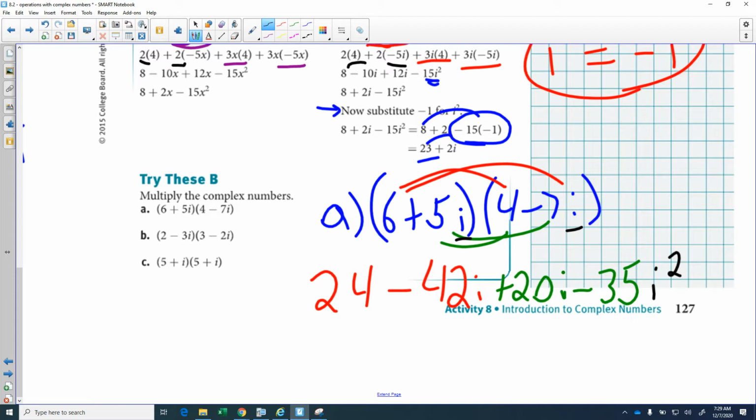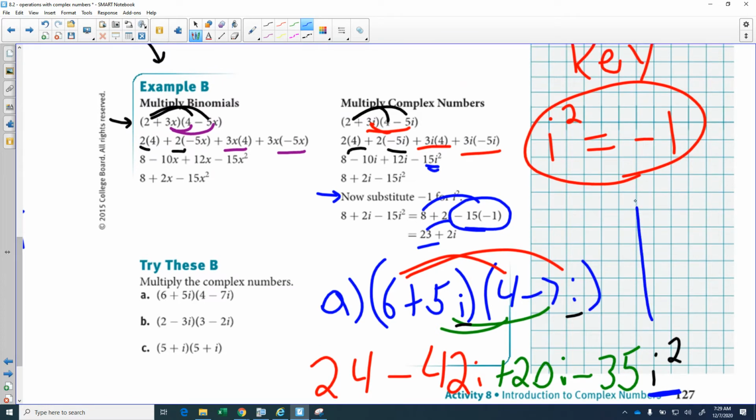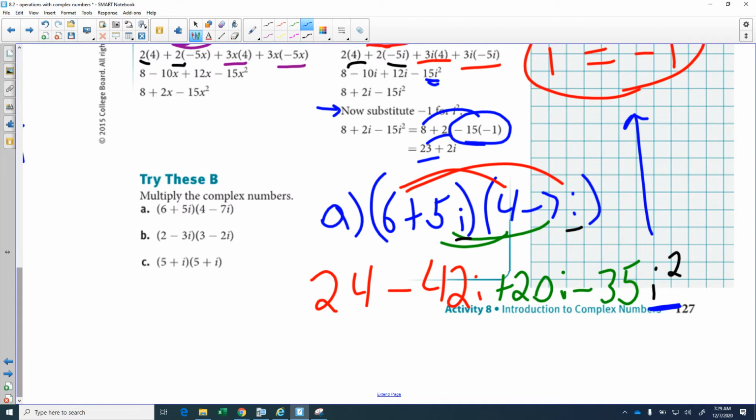Now, at this point, we're going to combine like terms, but this is where the key concept comes in. I have an i squared currently sitting right there. i squared is equal to -1, as we see right here. So what I'm allowed to do is plug in a -1 for i squared. What that's going to do is flip the sign of what I currently have.